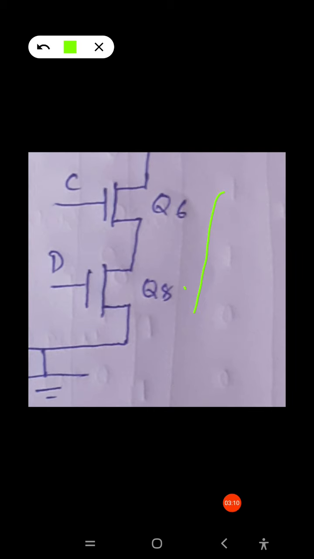Similarly, the C and D inputs are also connected in parallel: Q3 and Q4 are connected in parallel for the PMOS transistors, and the NMOS transistors Q6 and Q8 are in series. So for the CD inputs, the PMOS transistors are connected in parallel and the NMOS in series.